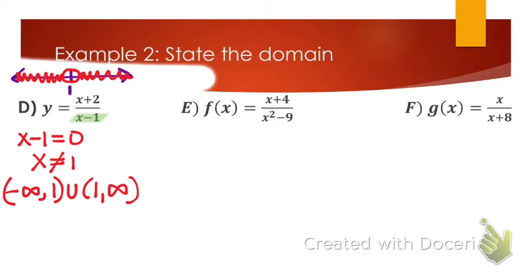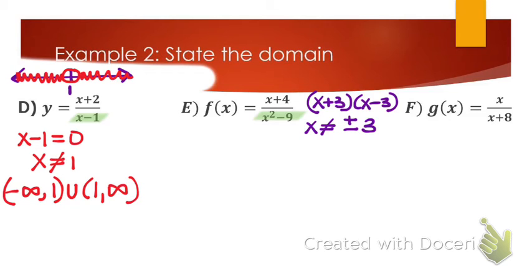For E, there are 2 numbers that I have to take out because this is going to factor down. Again, I'm focusing on this. This factors down to x plus 3 and x minus 3, which means x could not equal positive or negative 3. So that's 2 numbers that we have to take out. So that means that my domain is going to split into 3 pieces.